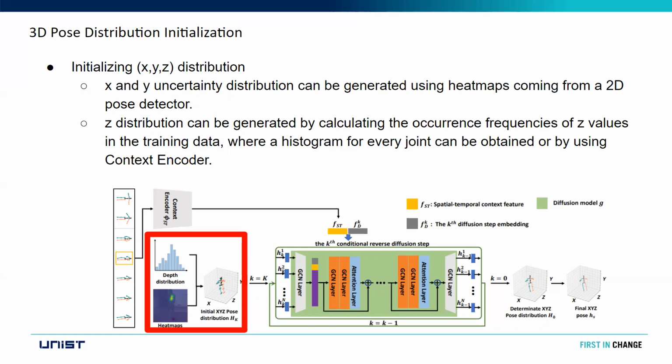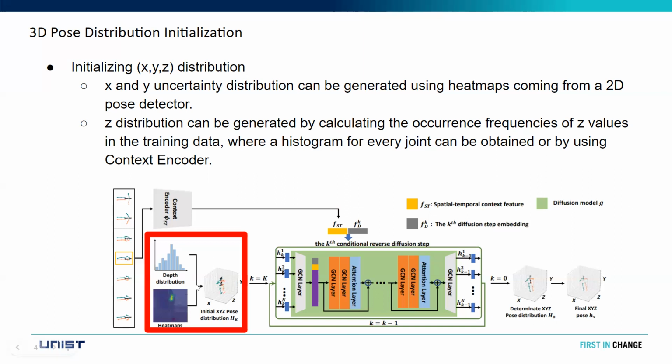One way is to calculate the occurrence frequencies of the Z values in the training data, and then obtain a histogram for every joint for the Z distribution, or to just use a context encoder. And they claim that the model converges faster using the context encoder than using the histogram.